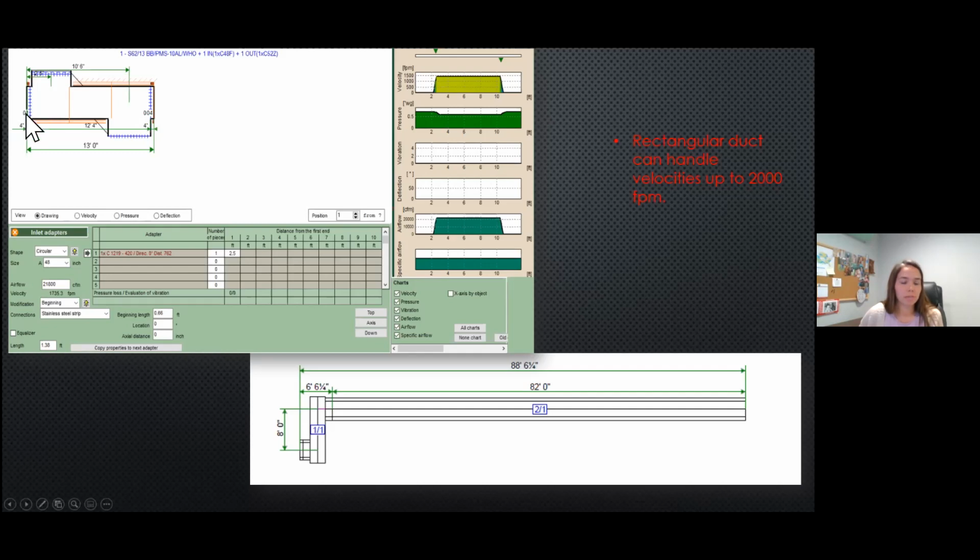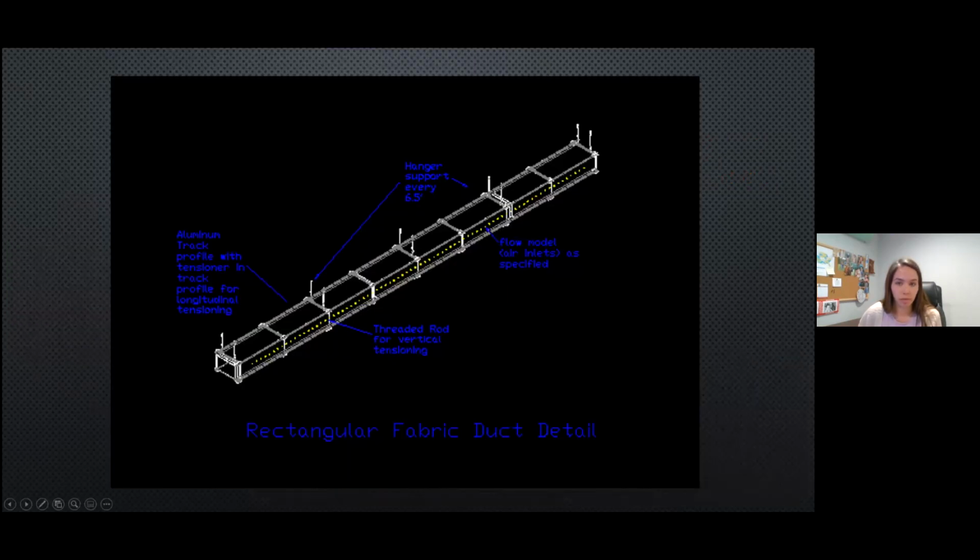So we were able to get the dimensions that they needed, as well as not having to worry about the higher inlet velocities, because our rectangular duct can actually hold up to velocities of 2,000 feet per minute. And this is all because of the track that it is supported with. All of this track has the in-track tensioning in it, and that allows the duct to be tensioned and be able to handle those higher velocities.